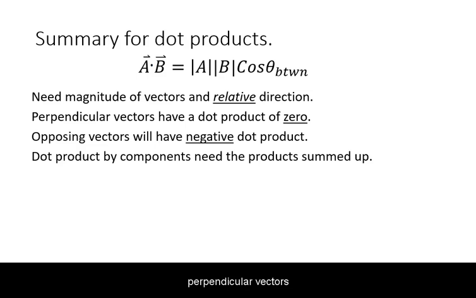Perpendicular vectors will result in a zero dot product. If the vectors are opposing, the result can be negative, and if you are using dot products in component form, you still need to sum up the result at the end.